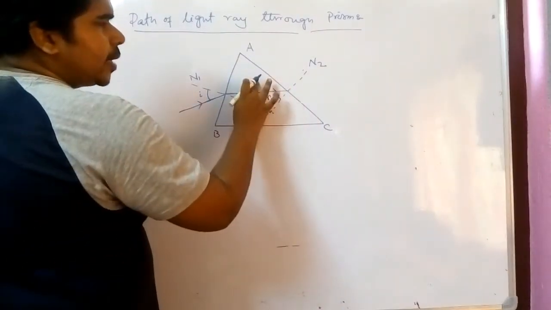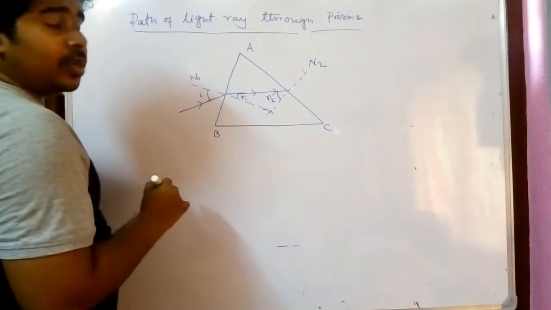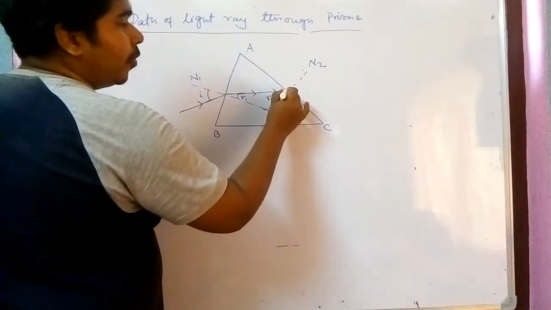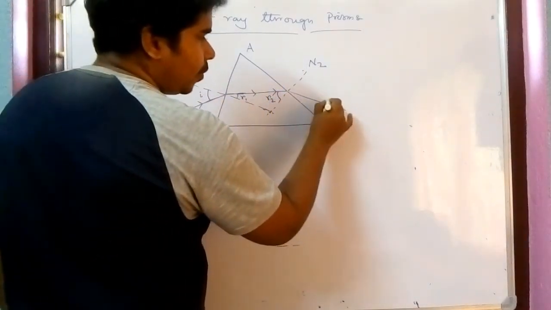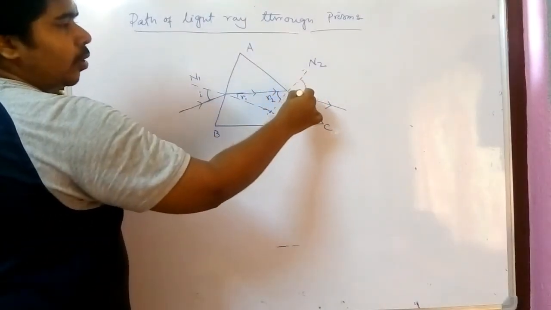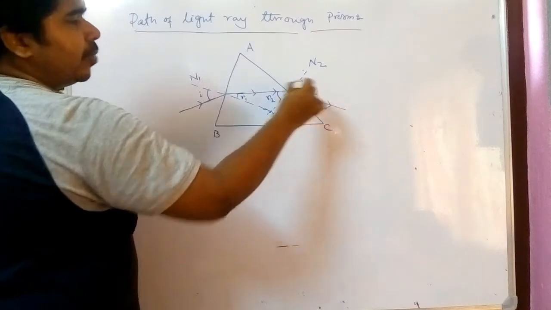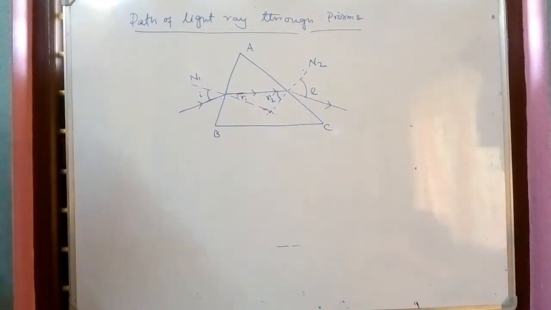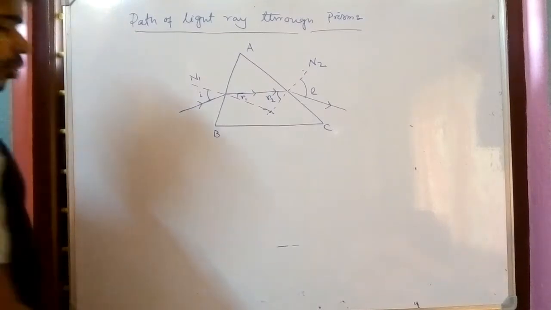So it is denser and it is coming outside to the rarer medium, so it will move away from the normal. So that will be the path, and this angle with the normal is known as the angle of emergence, denoted by E. Okay, that is the angle of emergence.